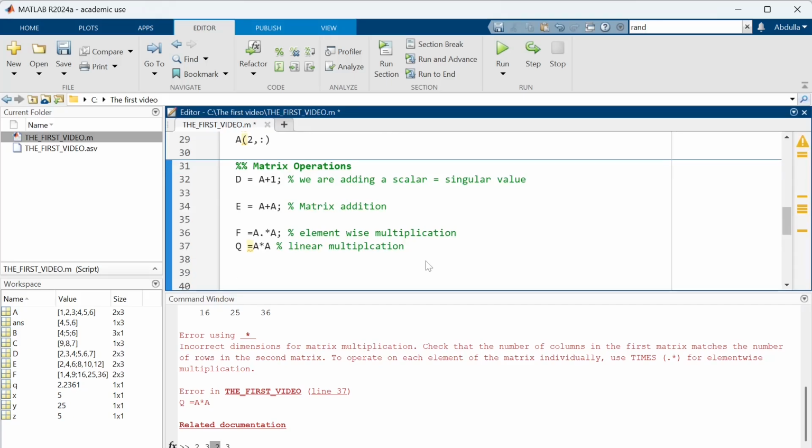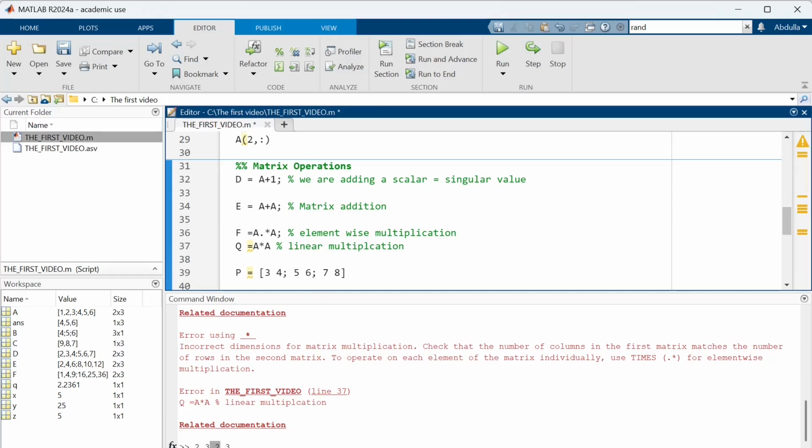Let's create another variable, maybe called b equals. Okay, this is 2 by 3, so let's create something like 3 by 2. So 3, 4, another row, 5, 6, another row, 7, 8. This should be 3 rows, 2 columns.